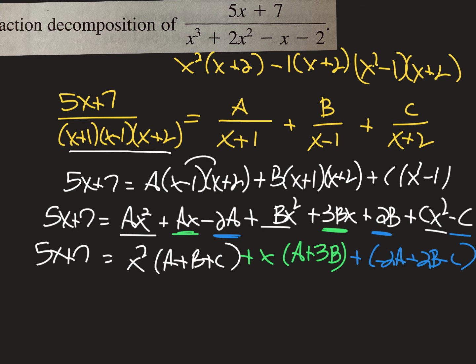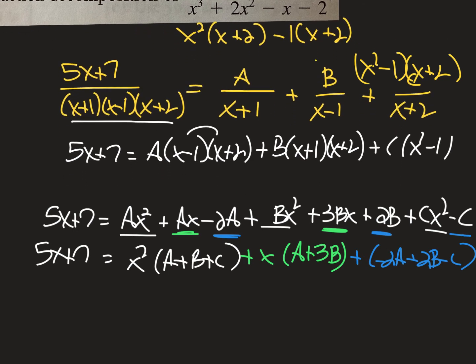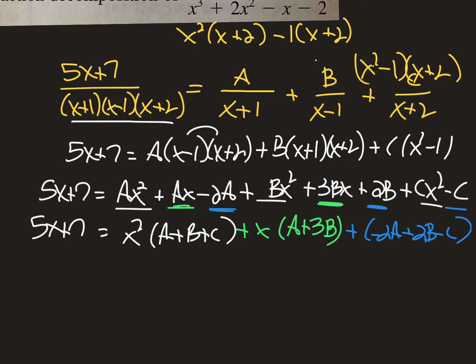All right, now here's where the magic happens. Notice there's no x squared term on the left-hand side, which means there can be no x squared term on the right-hand side, which tells me that the coefficient in front of the x squared must equal 0.